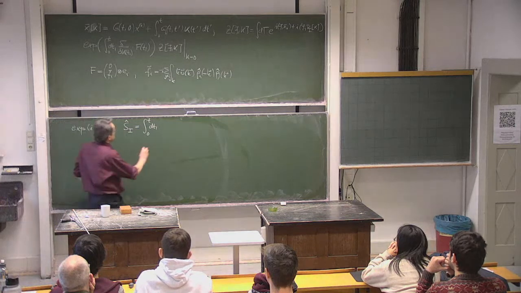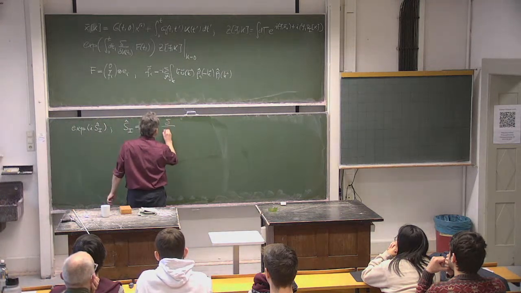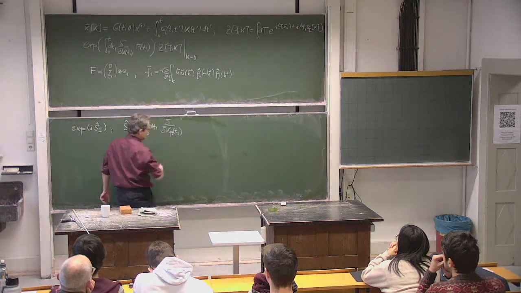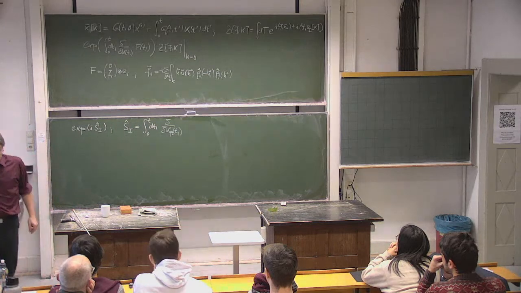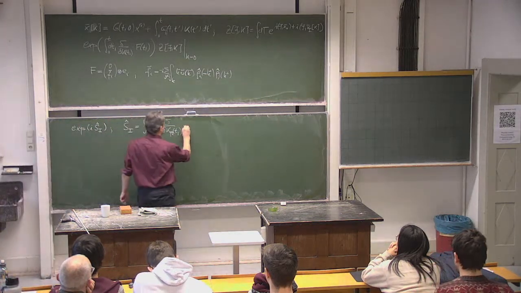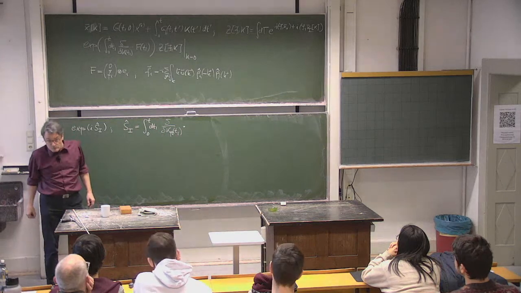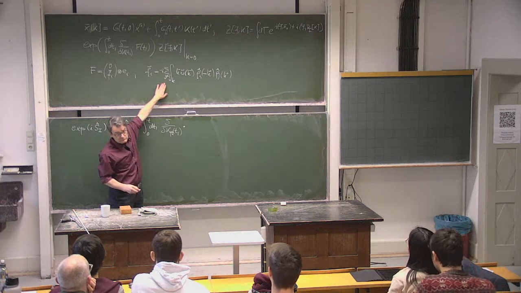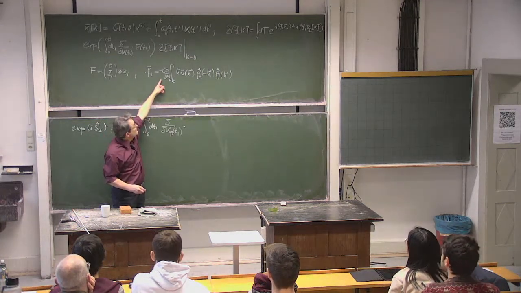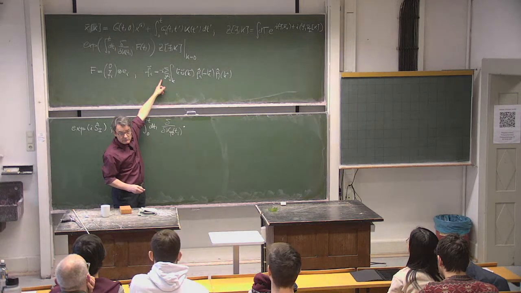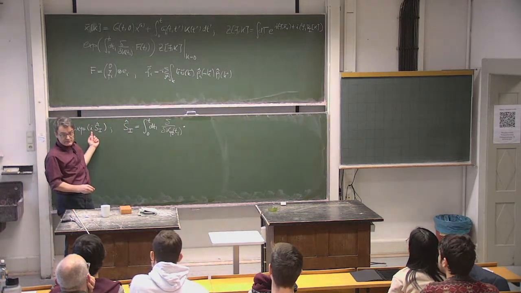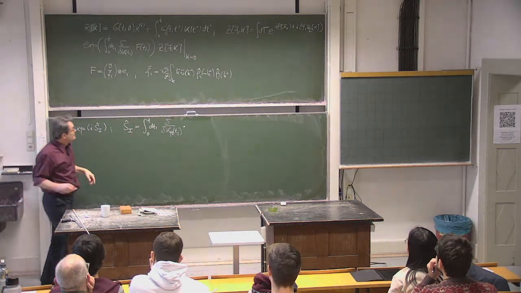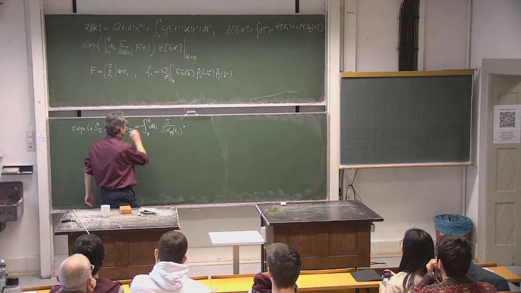So I write this as functional derivative with respect to K Pi of T1 times the force acting on particle I. And the force acting on particle I is this one. And I want to pull out this factor I because I want to write this exponential prefactor here as exponential of I as I. So what remains is this minus sign here.